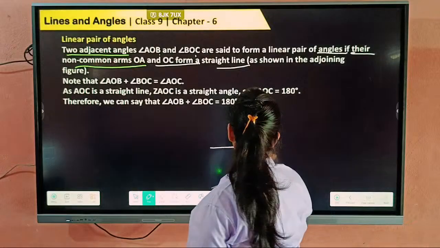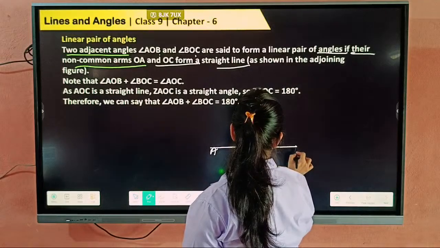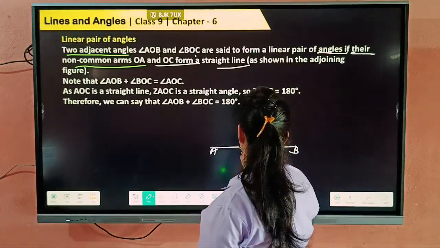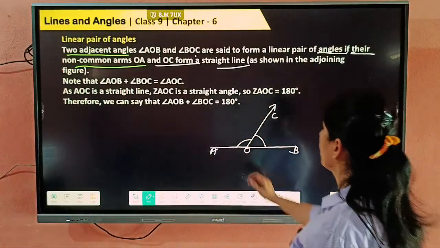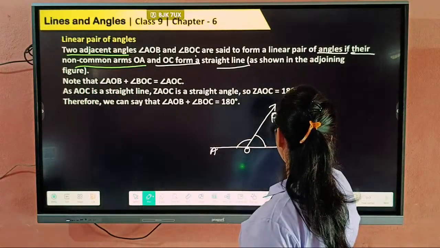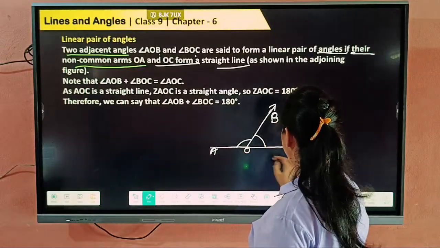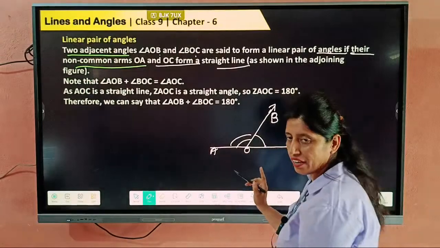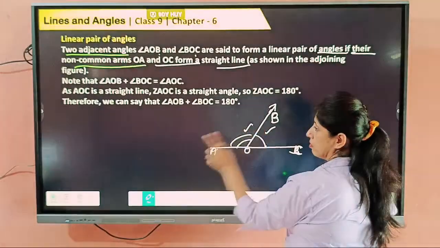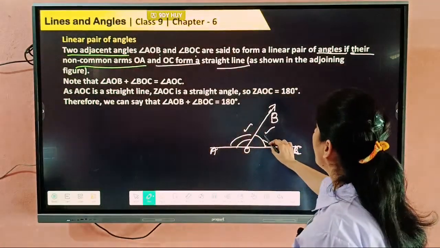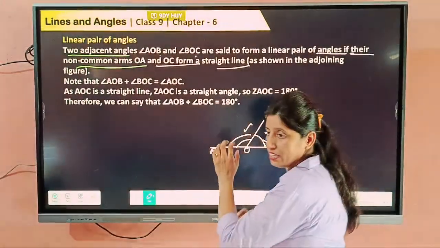Look here, AOB is written here and C is written. AOB and BOC, these two are adjacent angles. This angle and this angle are adjacent and they form a straight line. Look here, AOC, a straight line. When we add these two angles, their sum is 180 degrees.